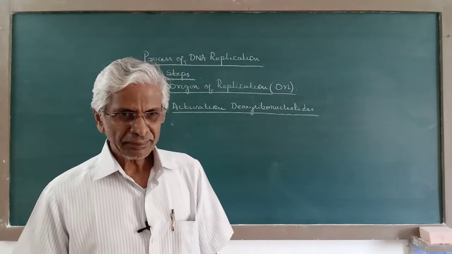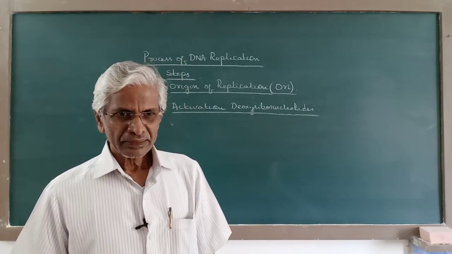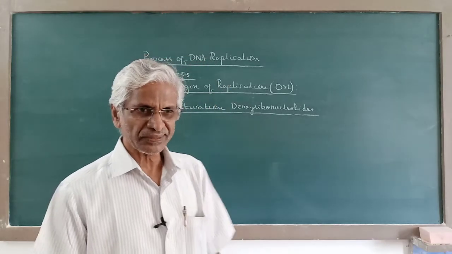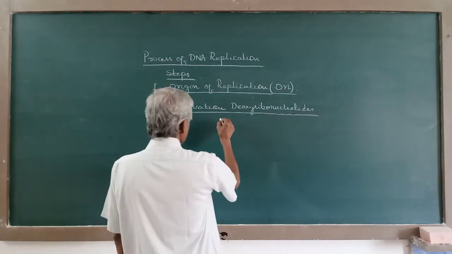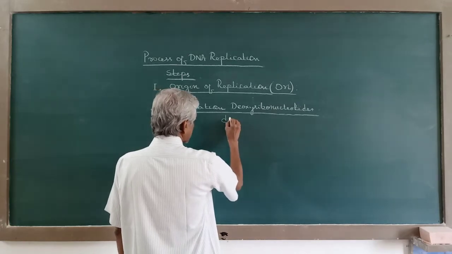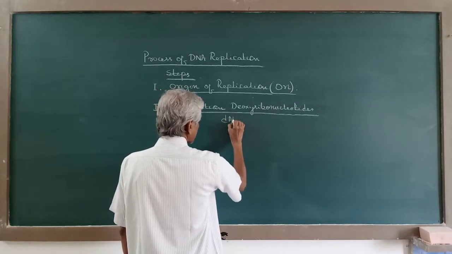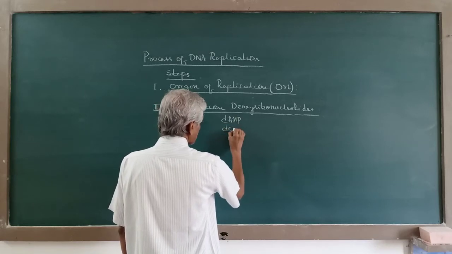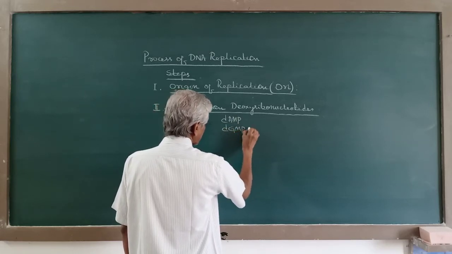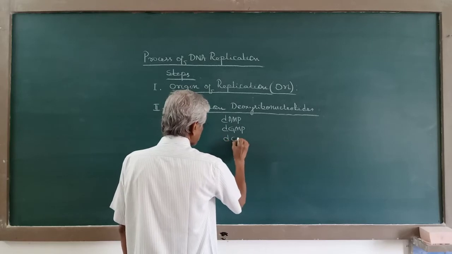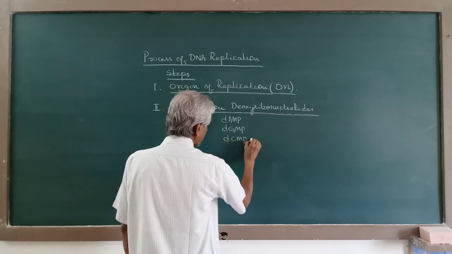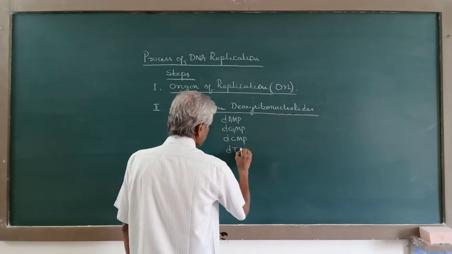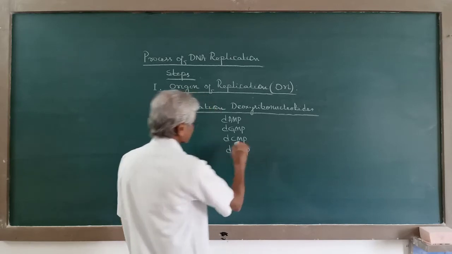Now in DNA, the monophosphates which are the raw materials for replication are deoxyadenosine monophosphate, deoxyguanosine monophosphate, deoxycytidine monophosphate, and deoxythymidine monophosphate.